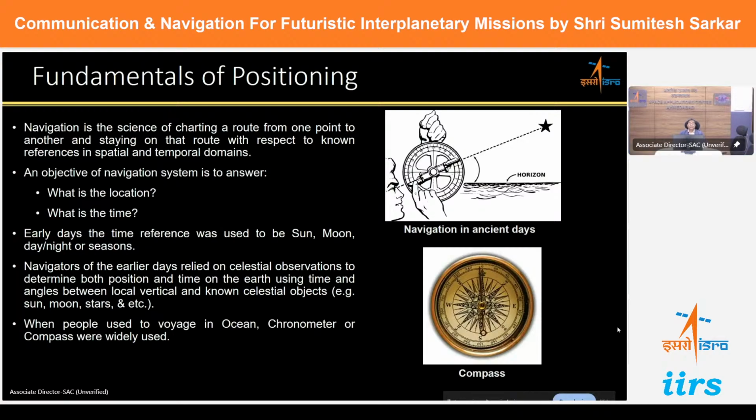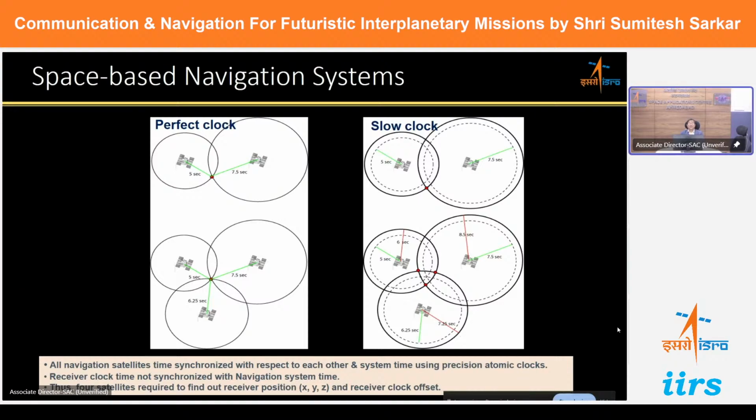However, with the availability of radio frequency networks, we now have space-based navigation systems. So when you say we are using GPS or NavIC signals to find out our own position, what does it mean?